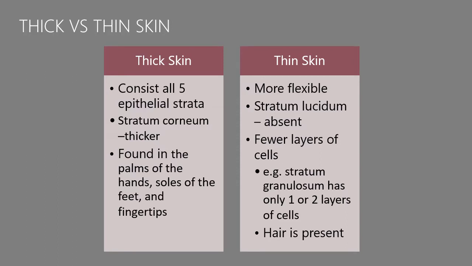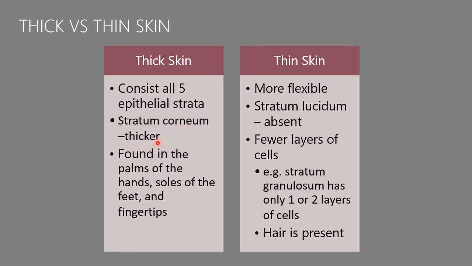So what are the differences between these two types of skin? Thick skin consists of all the 5 epithelial strata, from your stratum basale or germinativum all the way up to your stratum corneum. Kompleto siya ng 5 layers, or 5 strata. What is also noted with thick skin is that the stratum corneum is thicker compared to your thin skin.